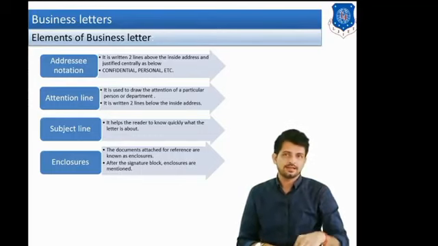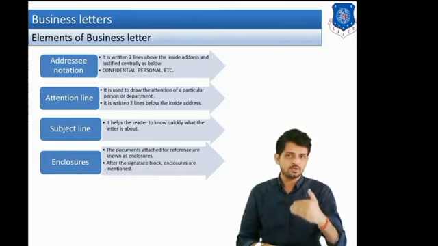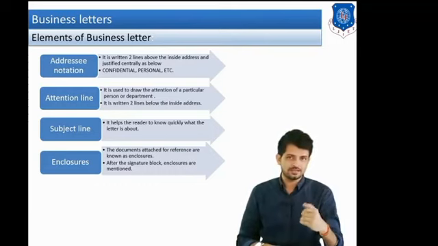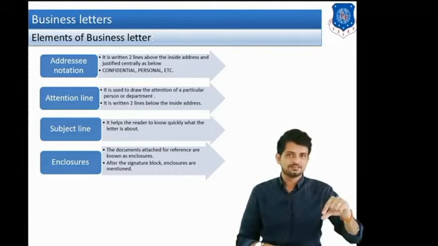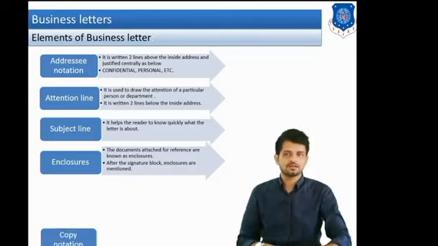If you are attaching the purchase sheet, if you are attaching the balance sheet, then you have to mention enclosures, and then you have to give the numbers 1, 2 and 3. For example, one is sales letter, the balance sheet is there, the purchase sheet is there, so you can also mention the enclosures in that.